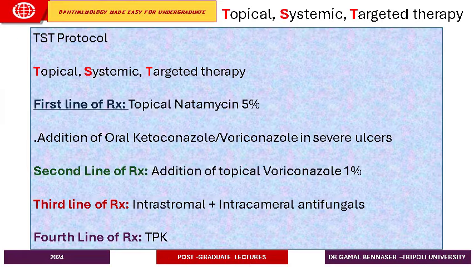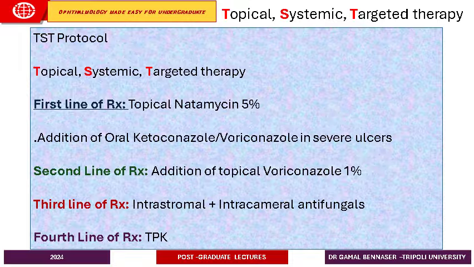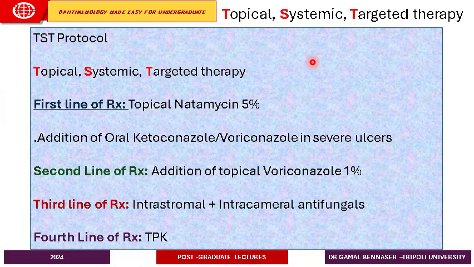So to summarize the treatment of fungal keratitis or mycotic keratitis, there is one famous protocol known as the TST protocol, done by one of the Indian doctors. This stands for topical, systemic, and targeted therapy. That is, we use topical, or topical along with systemic, and targeted therapy, which means intrastromal injections.